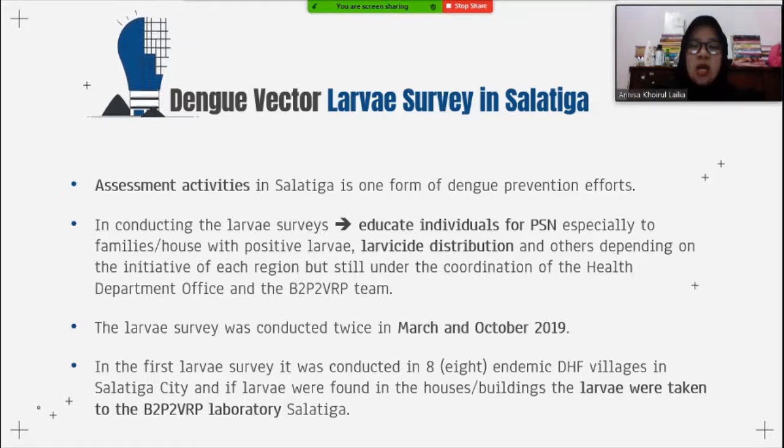The larva survey was conducted twice, in March and October 2019. The first larva survey was conducted in 8 endemic villages, and then the larvae that were found were taken to the PPPPVRP laboratory in Salatiga.